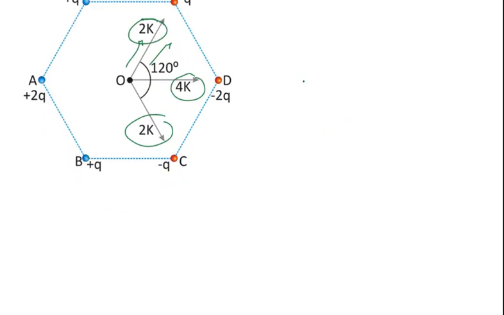And this 2k and this 2k, which are equal in magnitude, have an angle of 120 degrees between them. We know from vectors that if two equal vectors are inclined at an angle of 120 degrees, then their resultant has the same magnitude and passes through the angle bisector, and the angle bisector is towards OD.